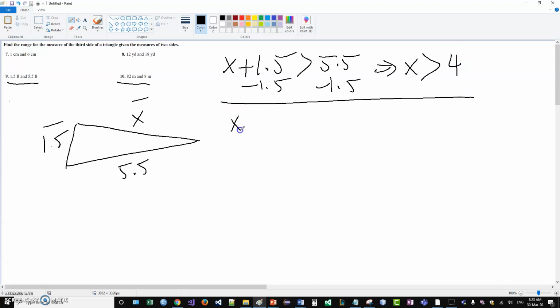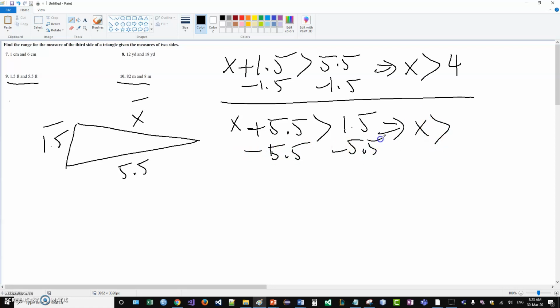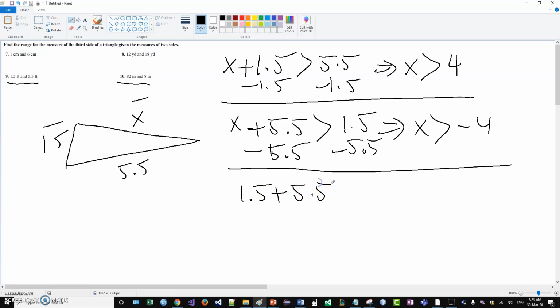Now x plus 5.5 greater than 1.5. That means x greater than, minus 5.5 from both sides, minus 4. And then 1.5 plus 5.5 greater than x. So 7 greater than x, that means x less than 7.